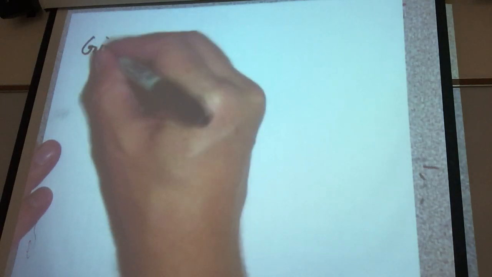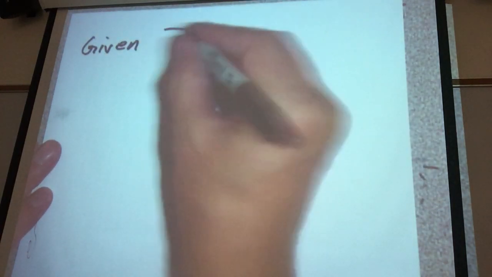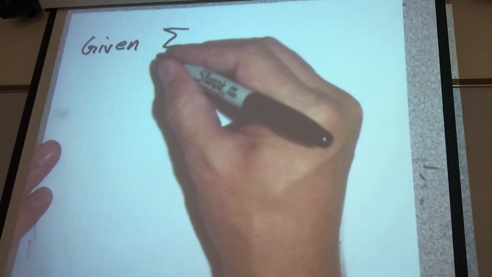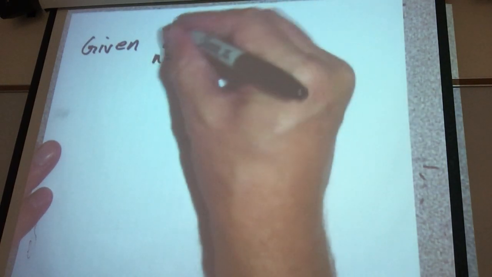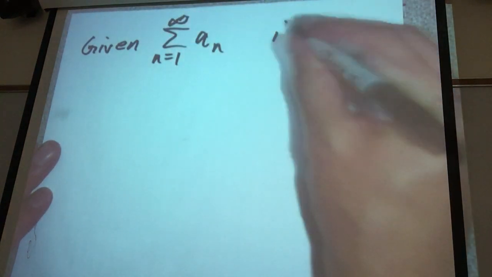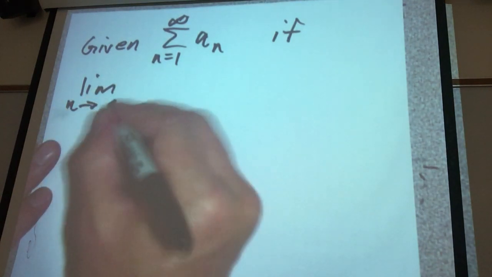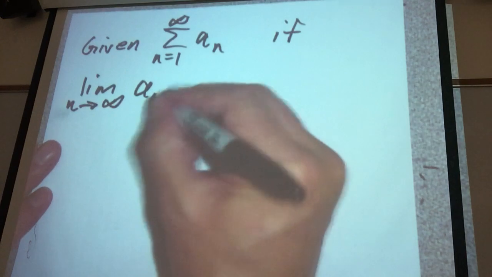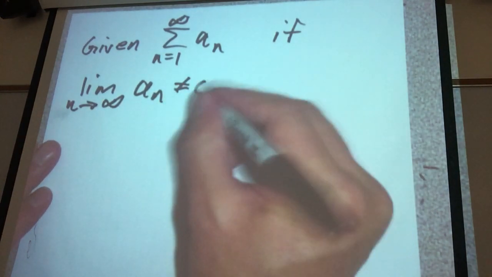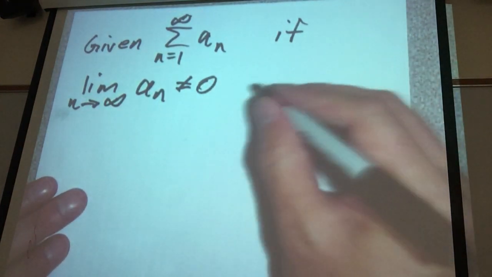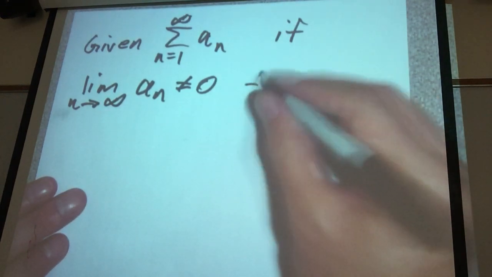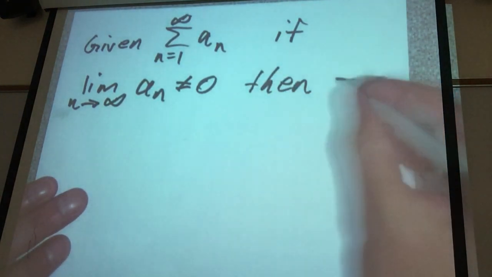So the divergence test says that, okay, given an infinite series, if the limit as n tends towards infinity of a sub n does not equal 0, then the series is divergent.